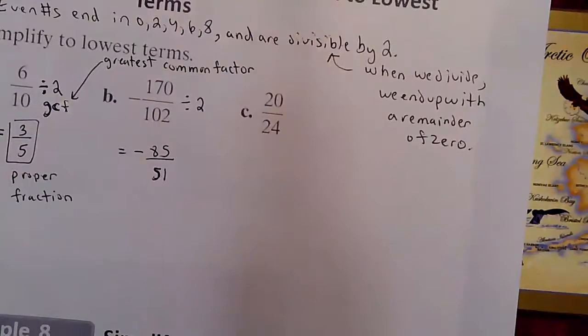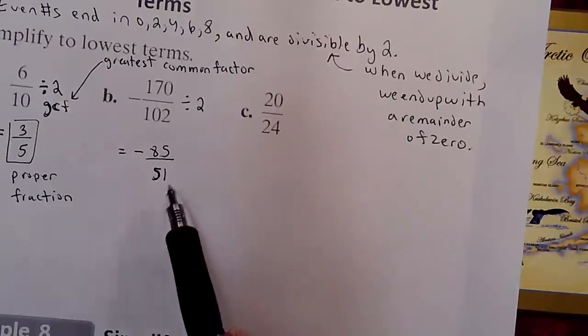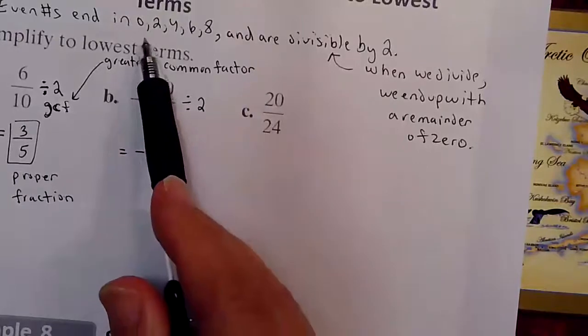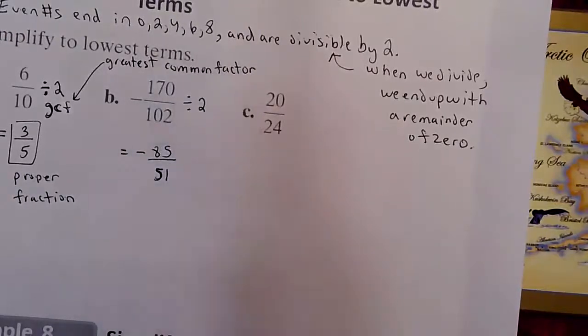So something's divisible, right? When we divide, we end up with a remainder of 0. You won't get a remainder of 1, 2, 3. So that's evenly divisible. And so let's see. We know we can't use 2 again because these are not even numbers. They don't end in 0, 2, 4, 6, or 8. So we cannot use 2.